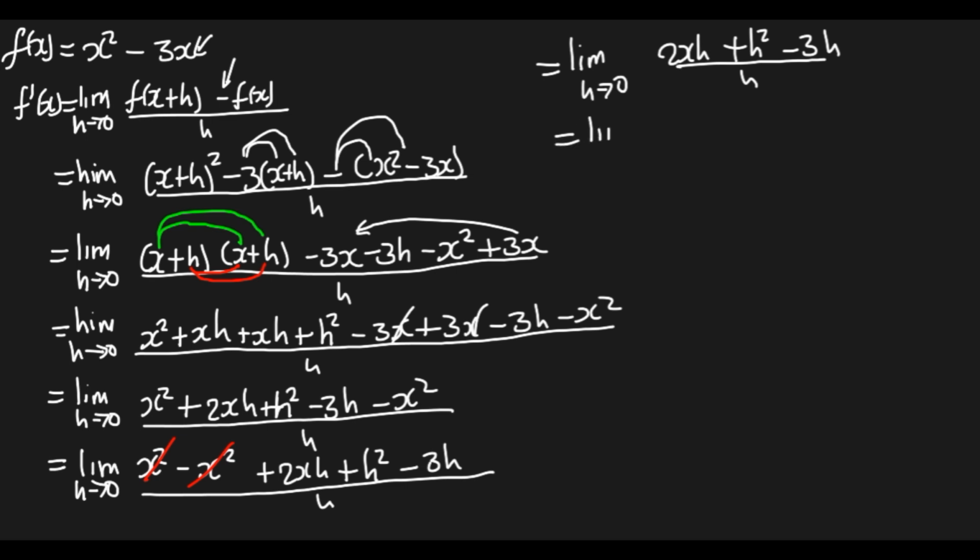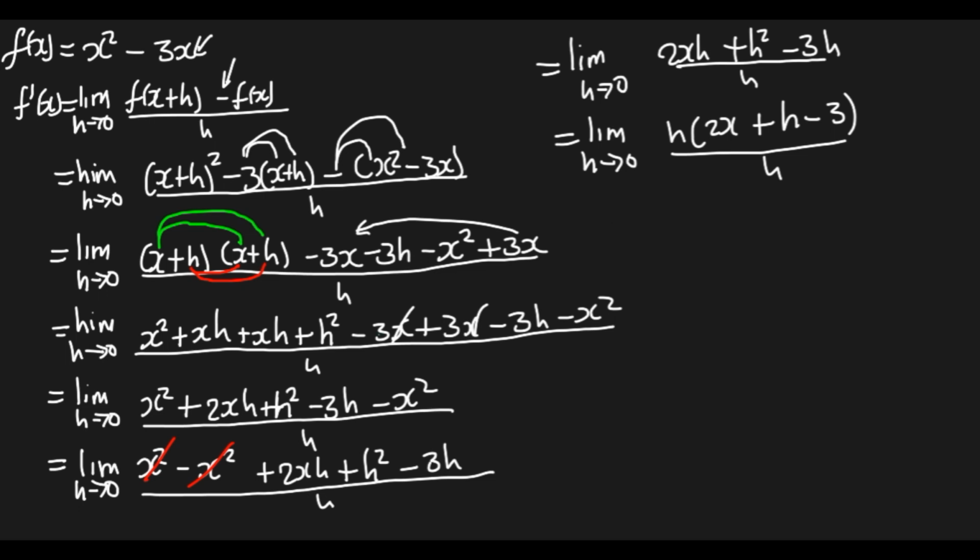So if we factorize the numerator, we know that from this and this and this, h is common, so we'll take out our h, and if we divide h into 2xh, we have 2x plus h into h squared is just h into -3h is just -3 over h.